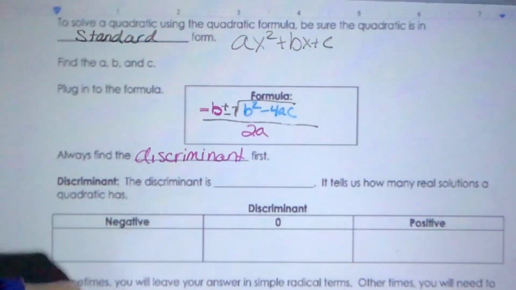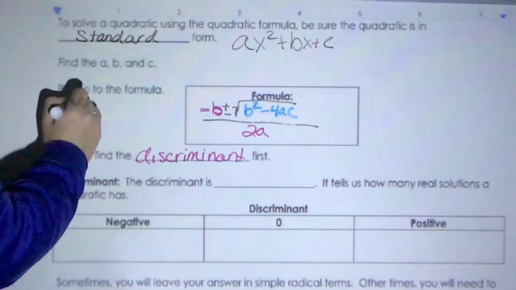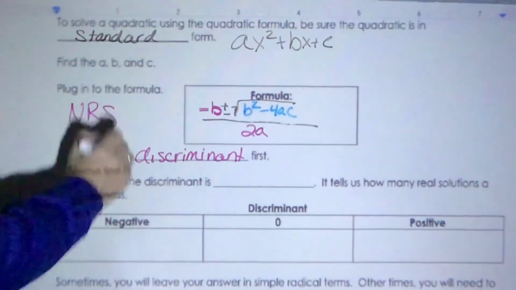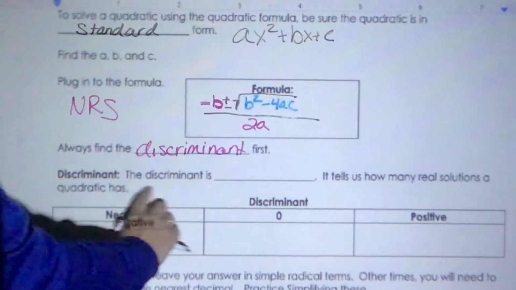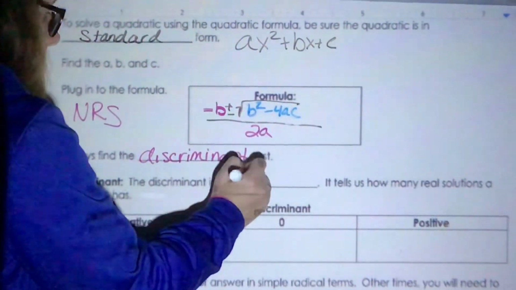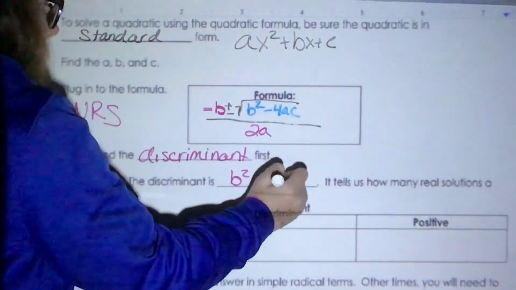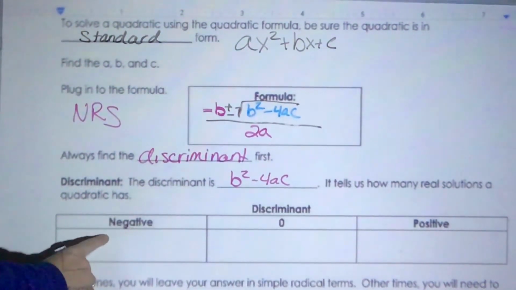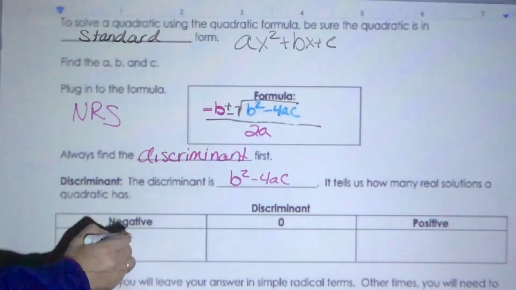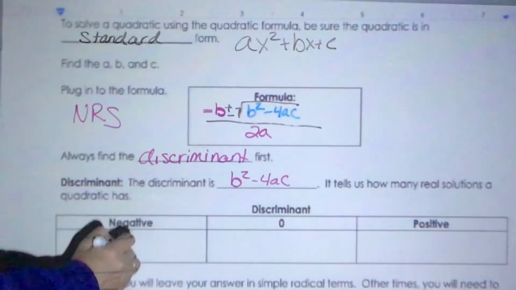Because if that's a negative, we're going to write no real solution as our answer because we're not going to be doing the square root of a negative number. So the discriminant is b squared minus 4ac. If you do that and you get a negative number, that means there's no real solutions.